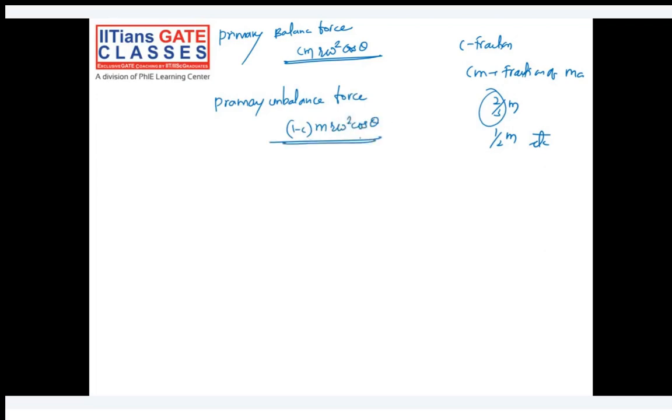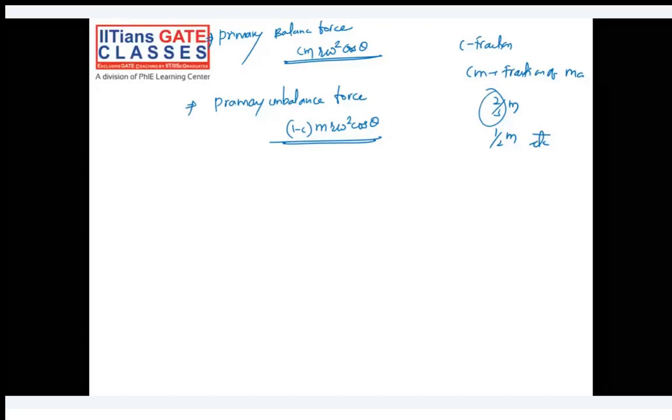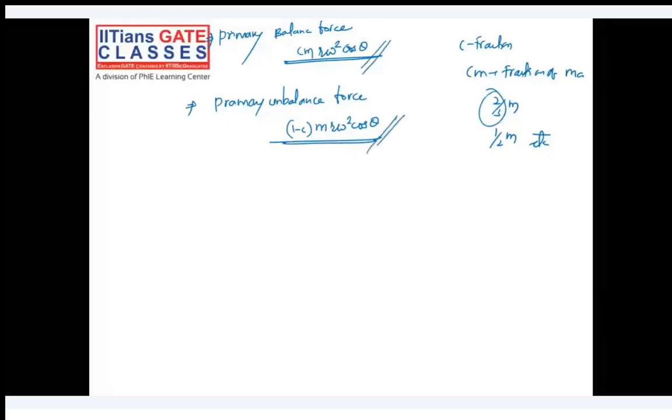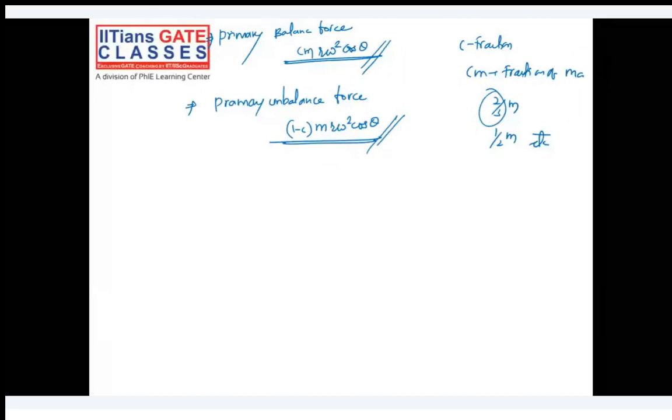I am not completely eliminating the horizontal force by using the mass m, but only a fraction of mass m, so I will not be able to completely eliminate this unbalance. I'm just balancing the c m r omega square cos theta part of it. So the unbalanced force will still be (1 minus c) m r omega square cos theta. Basically I'm trying to reduce the unbalance in the x direction by some fraction.